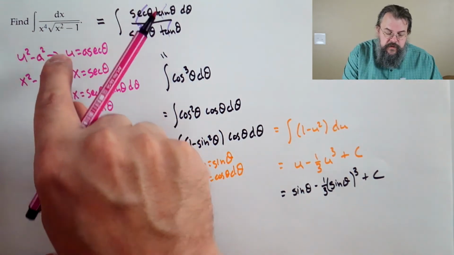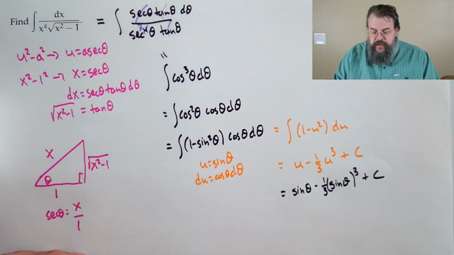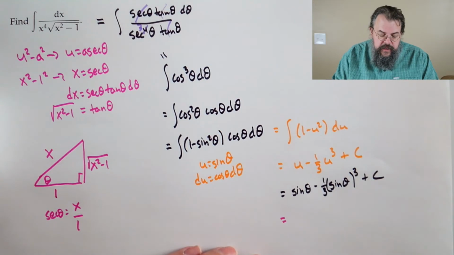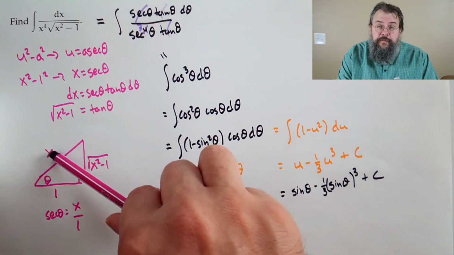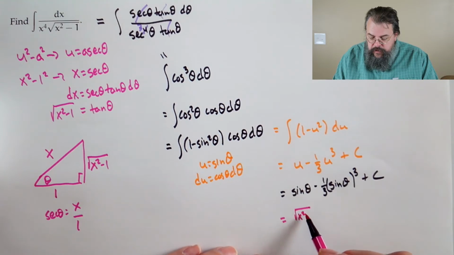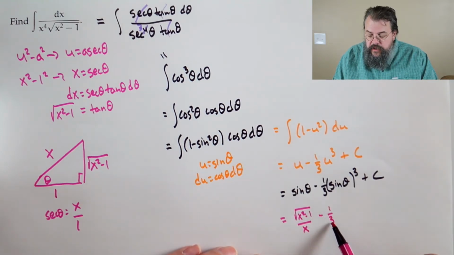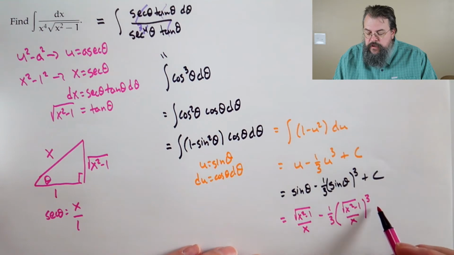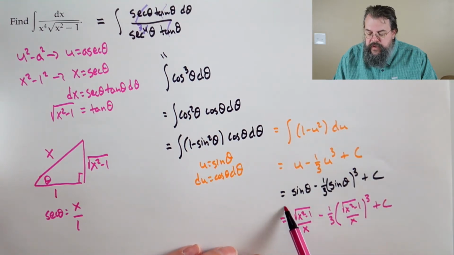And of course, no surprise, these match. So sine is opposite over hypotenuse. So we have square root of x squared minus 1 over x minus a third times the square root of x squared minus 1 over x cubed plus c.